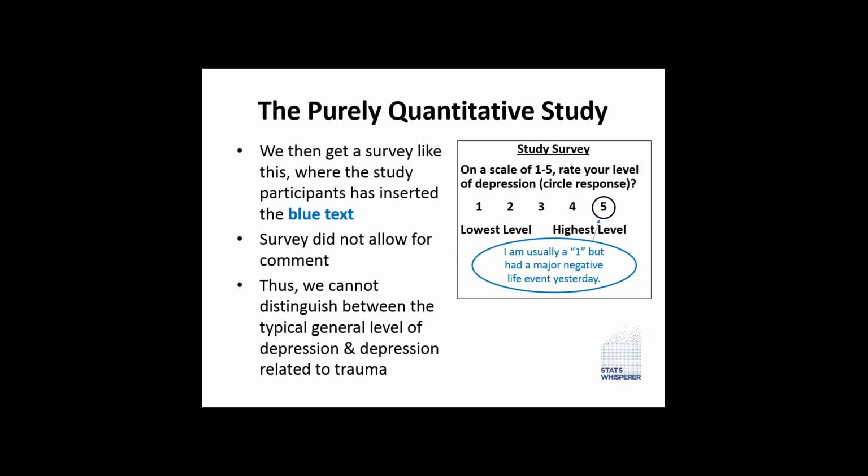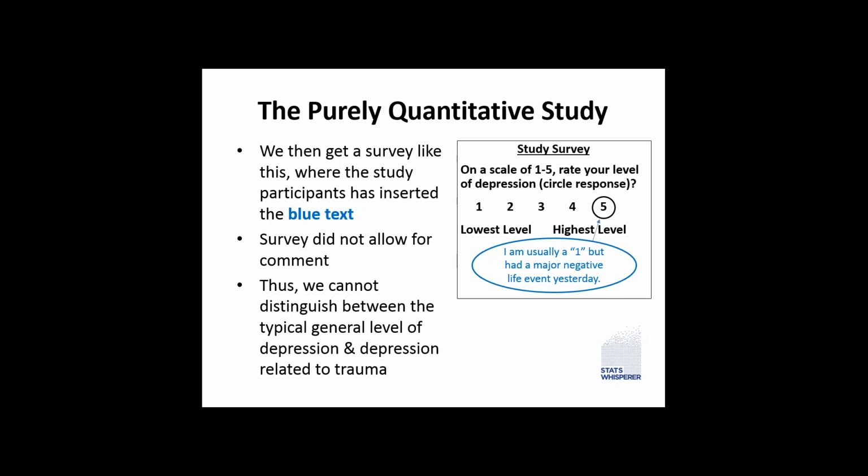So chronic means it's the depression that more or less exists every day for the community member. And it's chronic. It's not episodic like this person, right? They had an episode, and that's what's related to their depression, right? But in this purely quantitative study, they are going to be coded as a 5, right? Meaning that they have the highest level of depression possible.